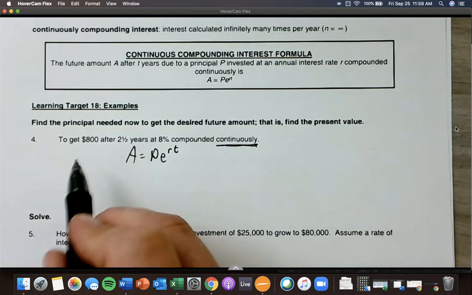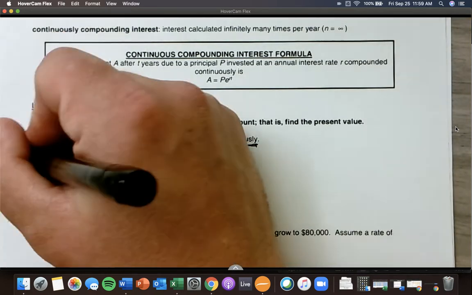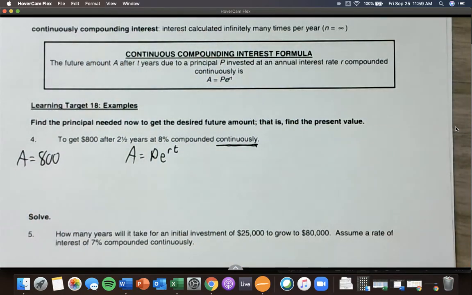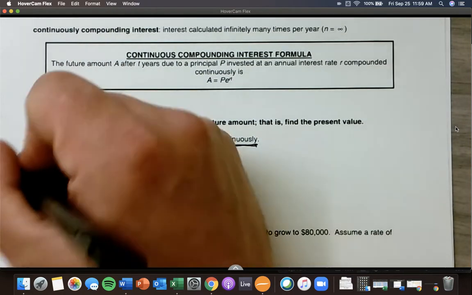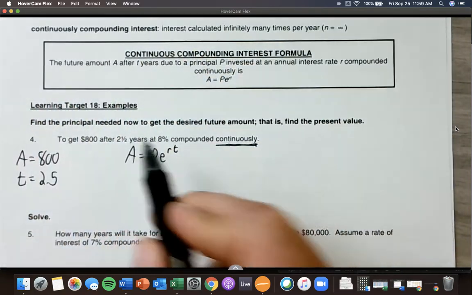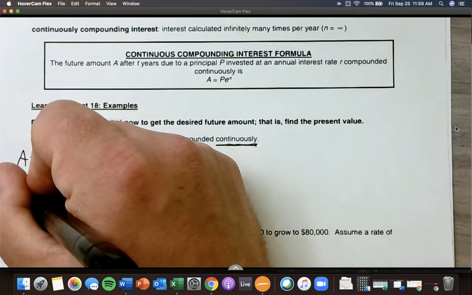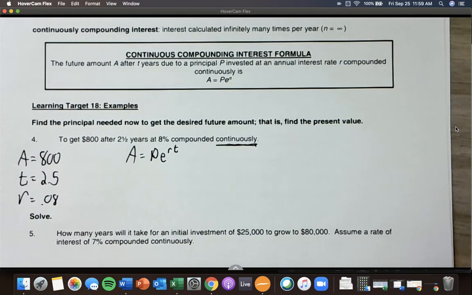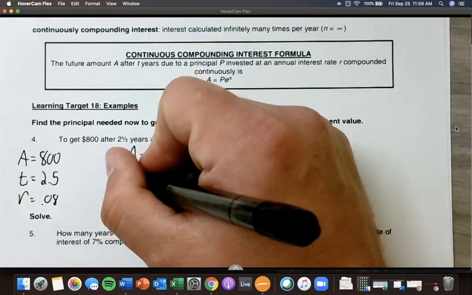Right, so we're trying to get 800. That's going to be our A, right? Because we're trying to find the principal. The time is 2.5 because we have 2.5 years, and the rate is 0.08. Right, so all we have to do is plug this into our equation here. A is 800.